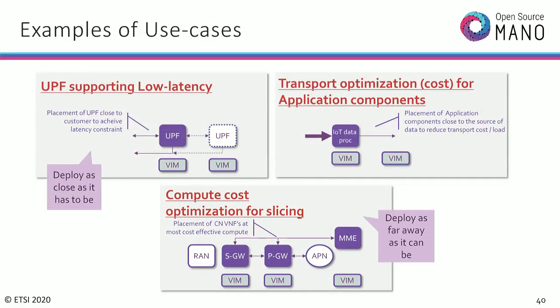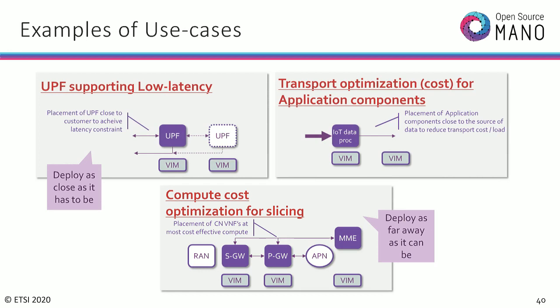If we think about use cases, for example, we may need to deploy a UPF function in a particular place to support low latency. That will be an example of a constraint. So it needs to be close to the customer, the edge use cases. We may have certain application components, over-the-top applications like IoT data processing, that we want to deploy somewhere because we want to do aggregation and data processing before sending data onwards and save transport capacity in our network.